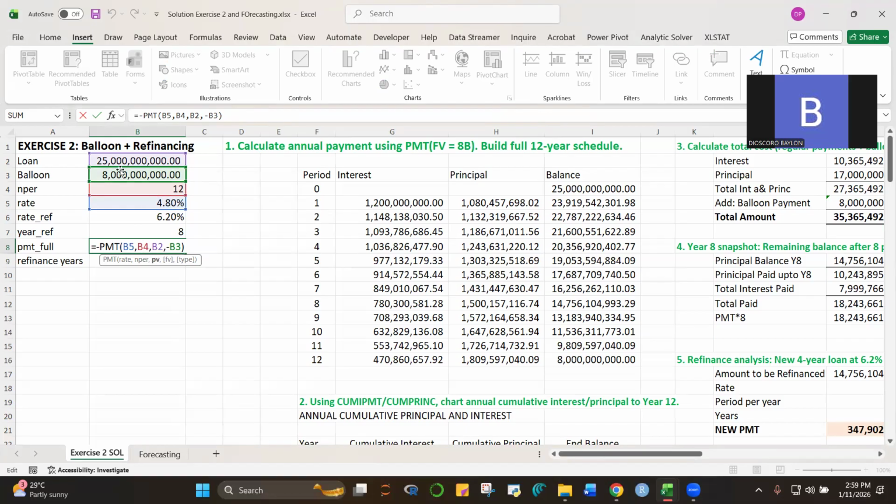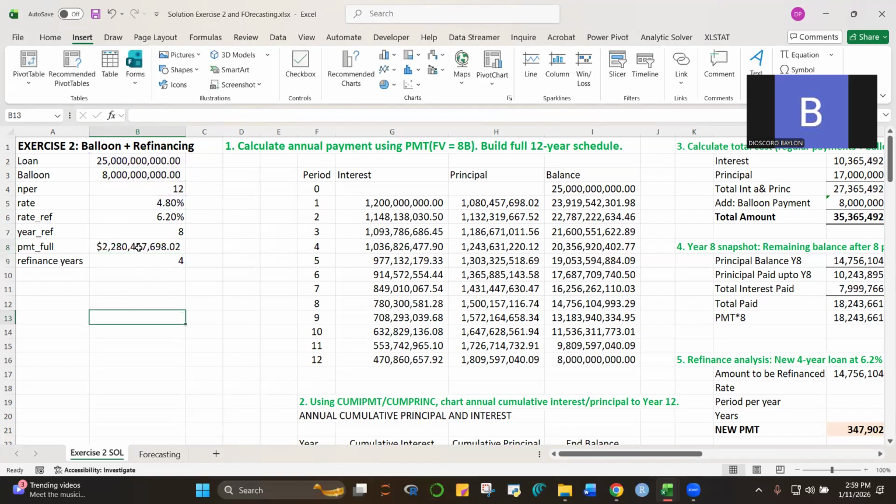Our present value is 25B, and our future value, we have to incorporate the balloon payment of 8 billion. And it's negative because it's something that has to be paid at the end of the 12-year period. So we get an annuity payment of 2.2.